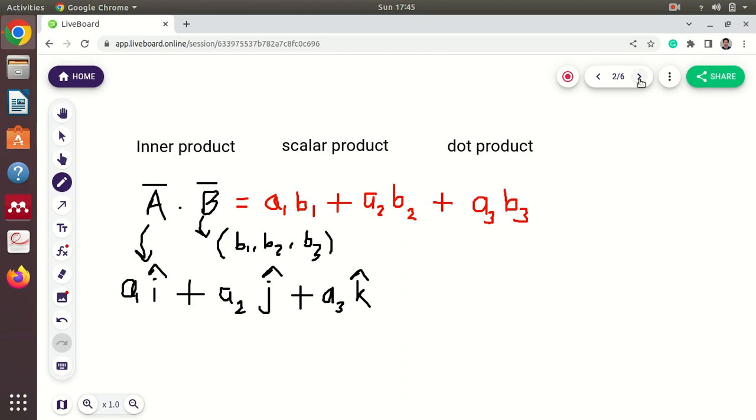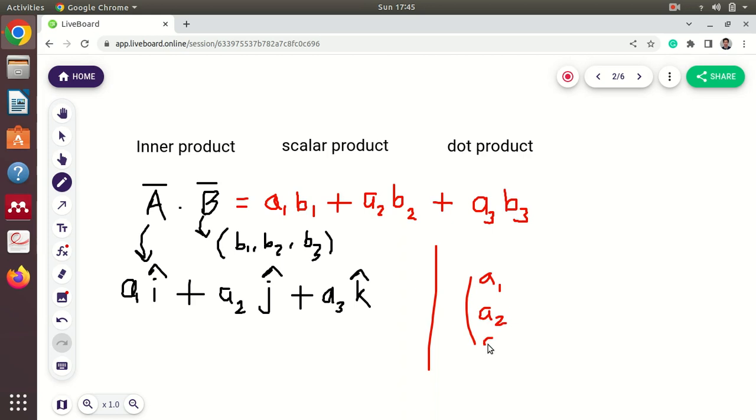Now there is one more thing we can consider. I have written a1 i cap plus a2 j cap plus a3 k cap. Sometimes we write this in matrix form like a1, a2 and a3.